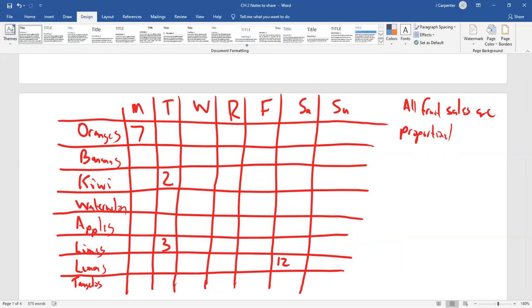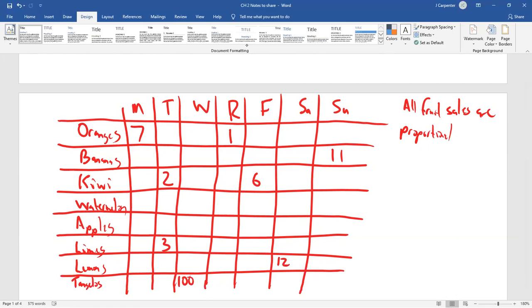And my 6 here. Let's have an 11 here. Let's have 100 here. And a 1 here. Okay.